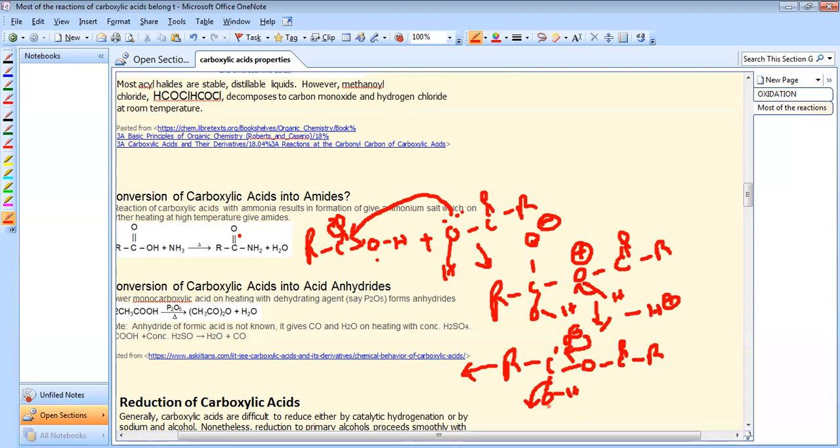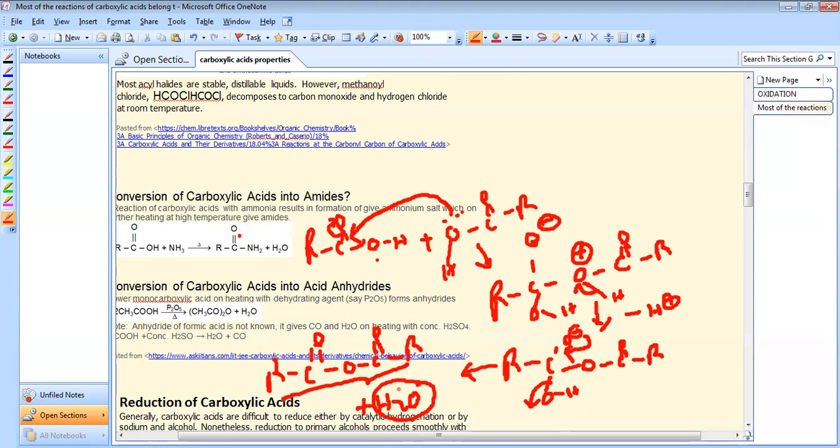Here we are removing OH minus, and we already removed H plus, so these two combine and form a water molecule. Now we get R C double bond O C double bond O R. This is the anhydride, and along with it we got a byproduct, that is water.